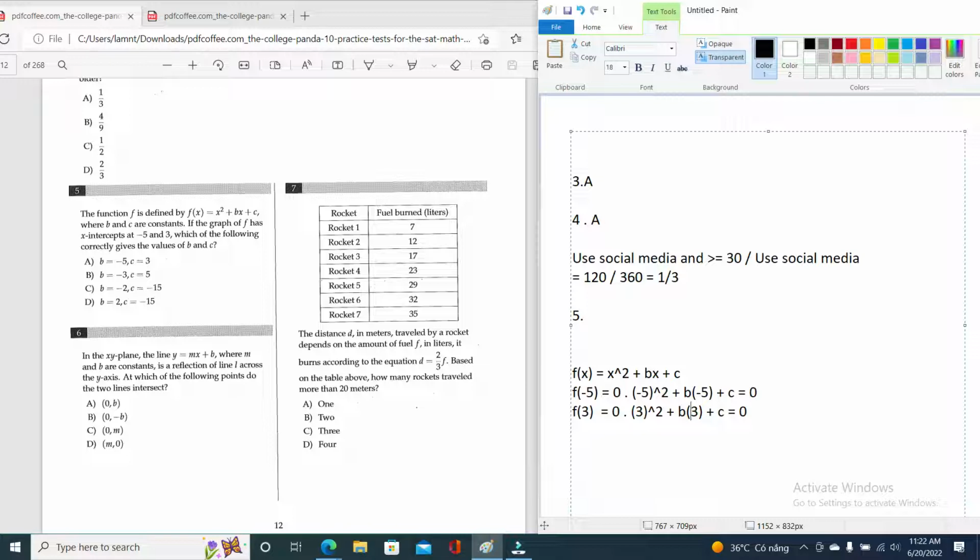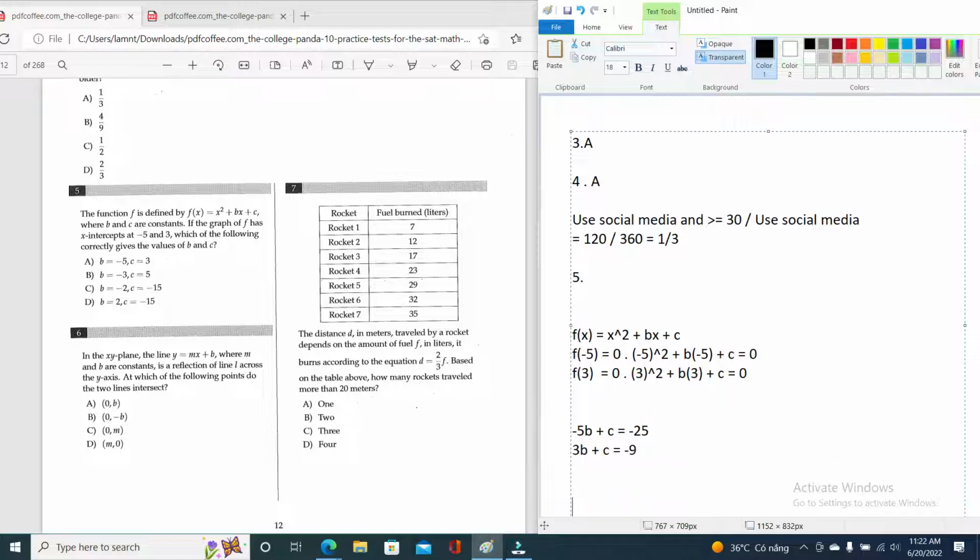So in this case we have a system of equations like this: 25 minus 5b plus c equal to minus 25, and 3b plus c is equal to negative 9.